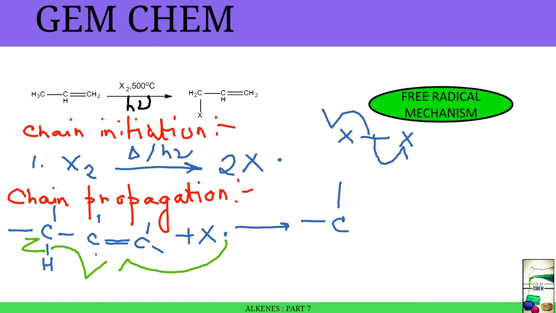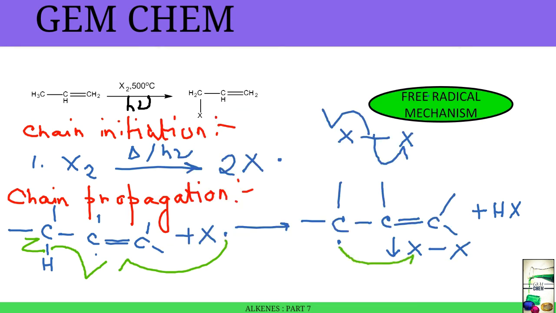So ultimately the product which is formed, the free radical, is this, plus HX. Now to it, if we add X2, then again this one will grab, this goes here and the electron comes here. So ultimately we obtain the product which is C-X-C double bond C, and what we are left with is one X dot.